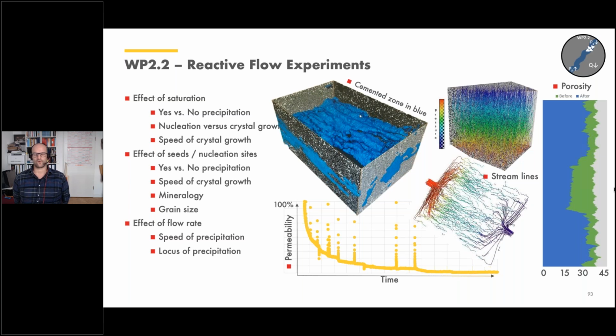We get preferential carbonate precipitation in the carbonate section, leading to a decrease in porosity, but also to a decrease in permeability by at least 1 order of magnitude within the time frame of the experiment, clearly showing that this effect is very much relevant for subsurface conditions. Next slide, please.